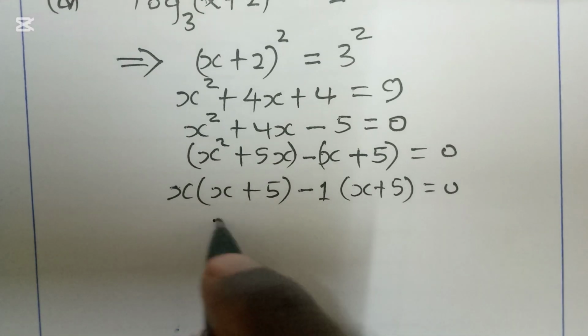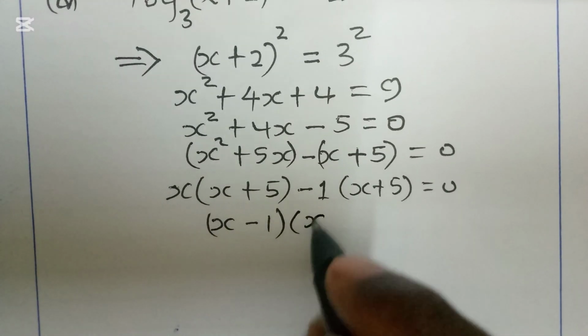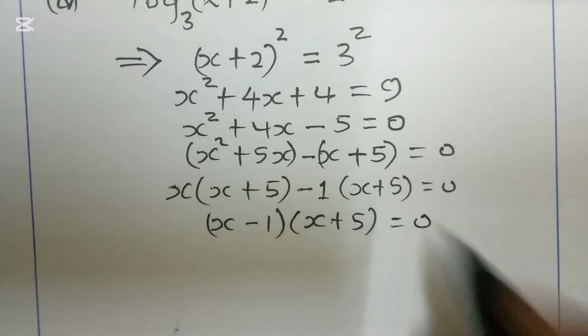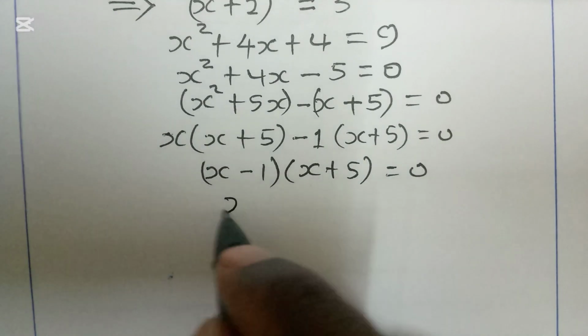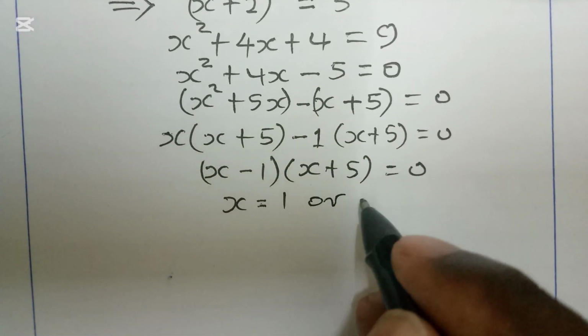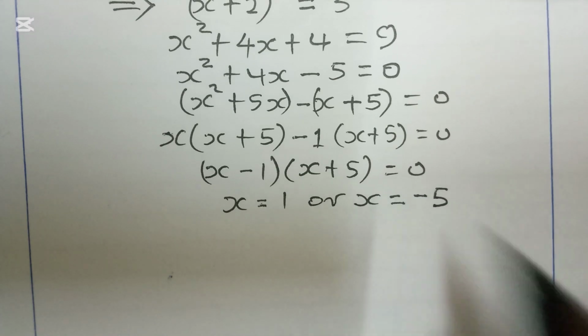So we have (x - 1)(x + 5), and this gives us 0. So therefore, guys, x equals 1 or x equals negative 5.